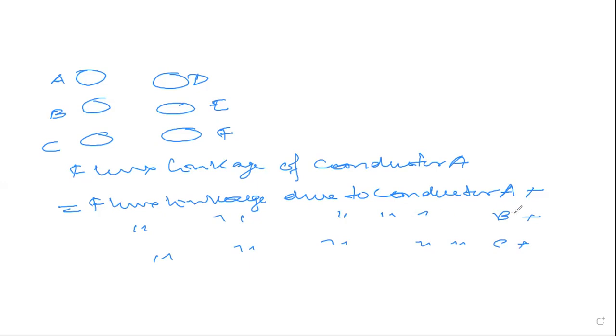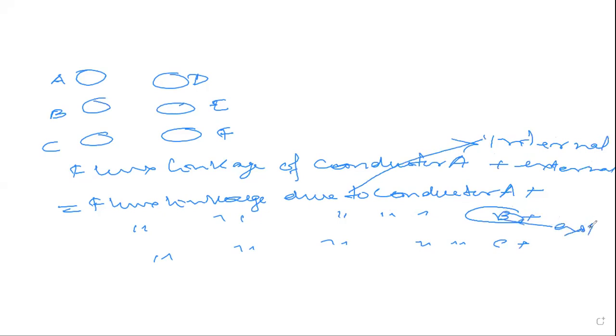When conductor B is contributing flux, it has its own internal flux linkage, that is correct. But when you calculate the flux linkage of conductor B, then you will consider the internal flux linkage of conductor B. When you consider the flux linkage of conductor A, it will have the internal plus the external component, but all other conductors will have only the component due to external flux.